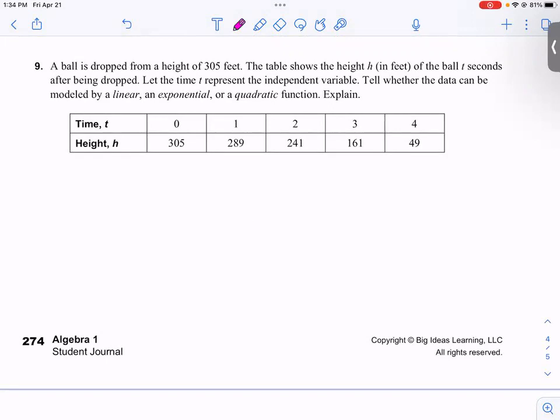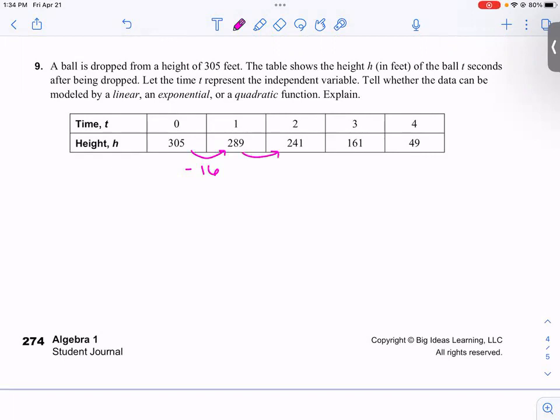Abby, could you take 305 minus 289? There's a calculator right in front of you. Okay.